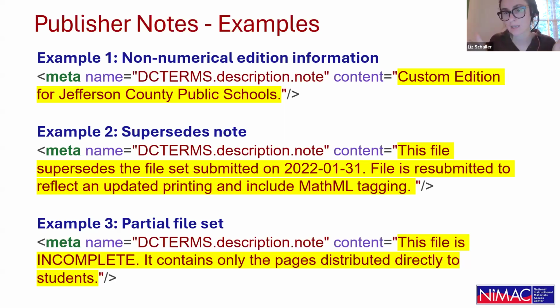That's in the first sentence, but the second sentence could include whatever the reasoning is for the resubmission. This note doesn't need to include all of the details of the updated printing. It doesn't need to be a paragraph long. Just stating that it reflects an updated printing is sufficient. Does that answer your question? Sure, yes, it does.